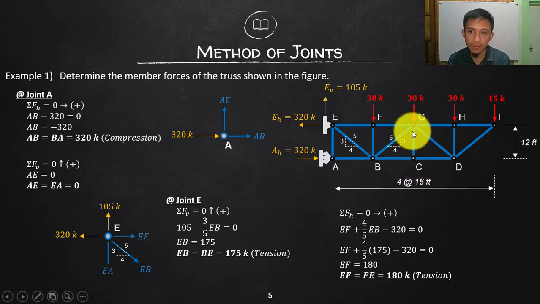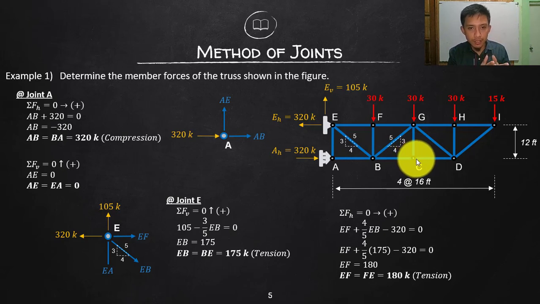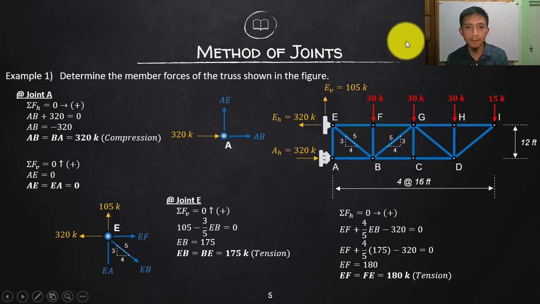If I assume that this member is in compression, the arrow will be going towards joint C. Again, our assumption is that tension is going away from the body, and compression is going towards the body. So an arrow going towards a point means compression, and an arrow going away from a point is tension.